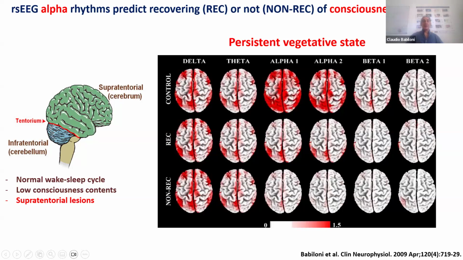These patients received a lesion over the tentorium in the supratentorial regions. And this lesion was the cause of a very strong clinical manifestation. These patients were not able to interact with other people.